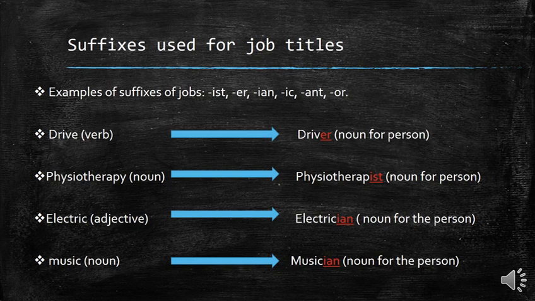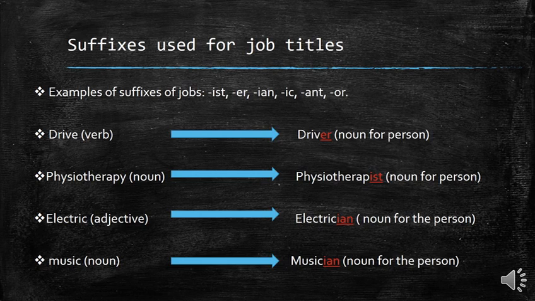Notice that if you read them alone, no meaning at all. While if you attach it to a word, you will see the difference. To start with the first one, drive, we all know drive, it's a verb. If you put er by the end of it, you're talking about a person. Look how the part of speech is different here. Verb became a noun, driver.